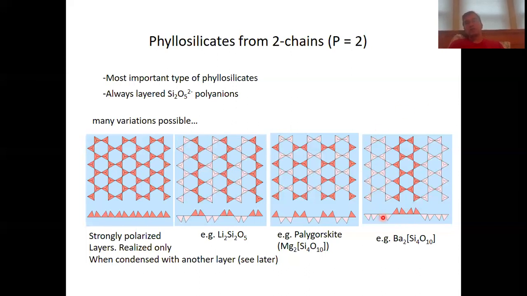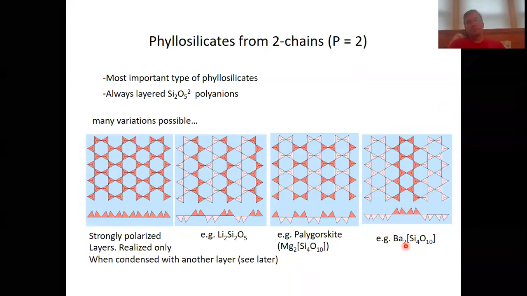So this structure here is realized in the example barium 2 Si4O10, or barium Si2O5. We wanted to reduce this to the empirical formula.